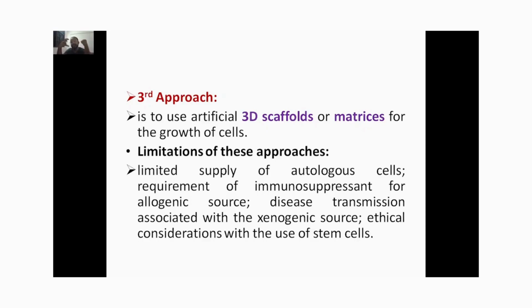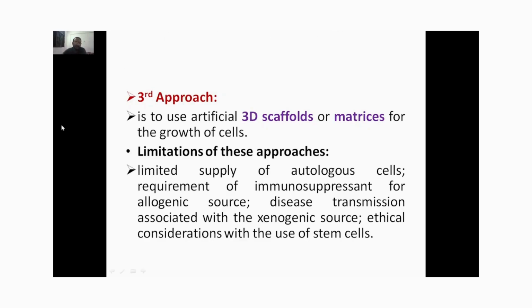It will restrict the shape and size; it will be the deciding factor for the particular shape and size. So that's what we use for three-dimensional fields. You can call it extracellular matrix, 3D scaffolds, biomaterials, or matrices, the meaning is the same. It should provide structural and mechanical support to the tissue growth.